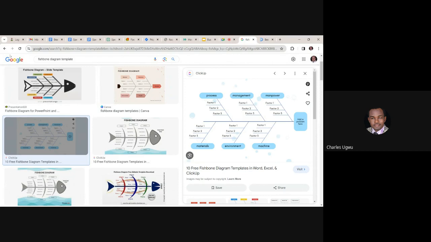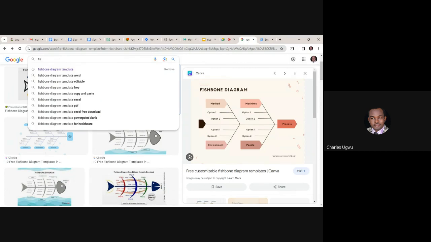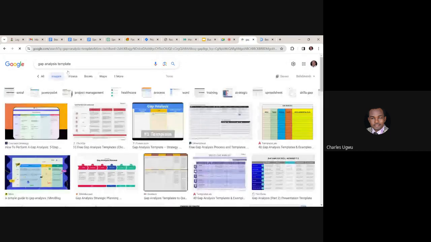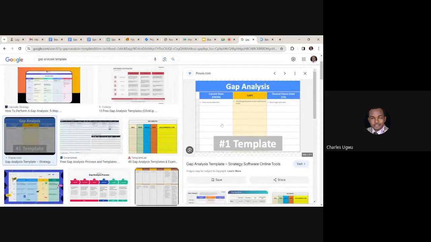Okay, let me see if we can see a gap analysis. So this is a gap analysis.